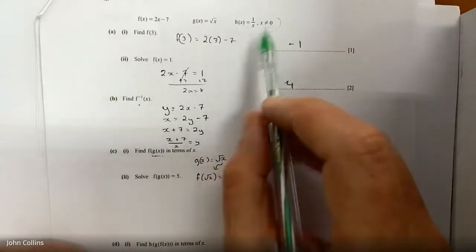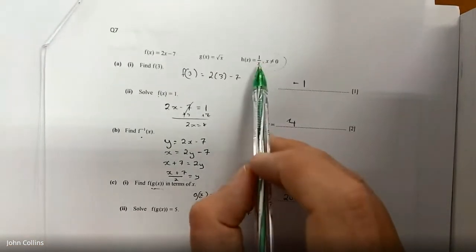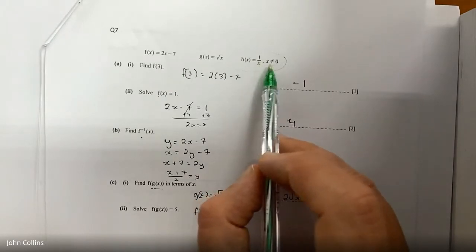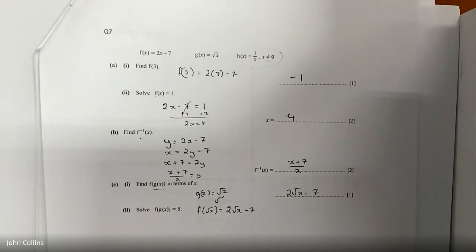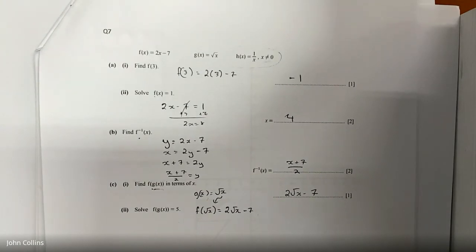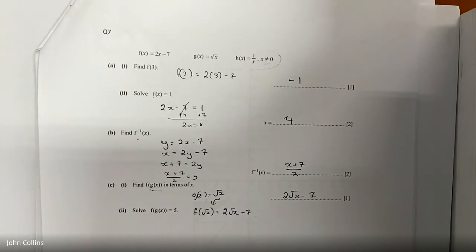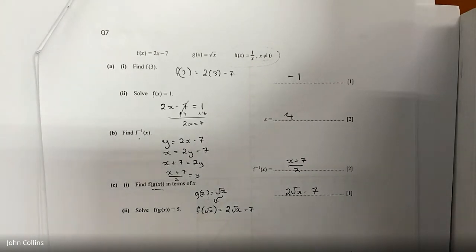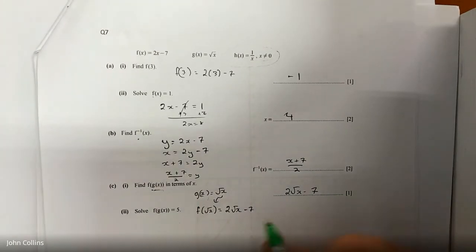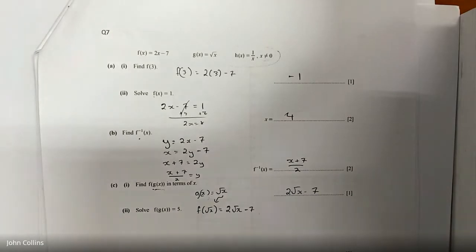It's just saying 1 over x is a function as long as x isn't 0. And why can't x be 0? Because 1 divided by 0 is, well, anything divided by 0 is undefined, isn't it? Undefined, yeah. Okay, so it's an asymptote. It's just saying there's an asymptote there.